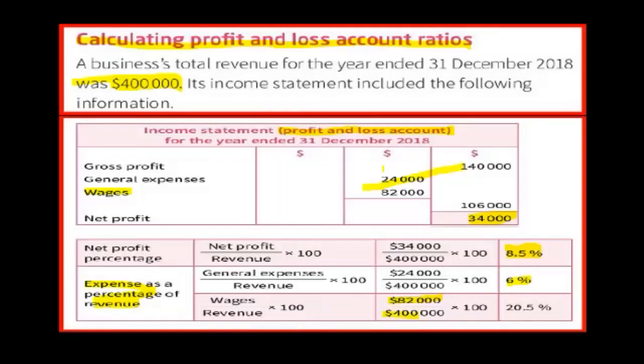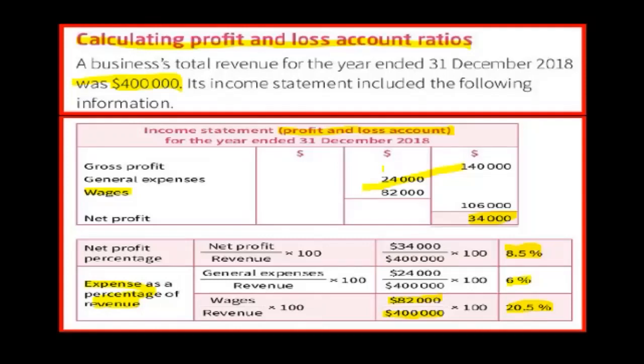82,000 over 400,000 times 100 equals 20.5%. That is a bit high for the percentage of your sales, if we consider that the net profit is only 8.5%.